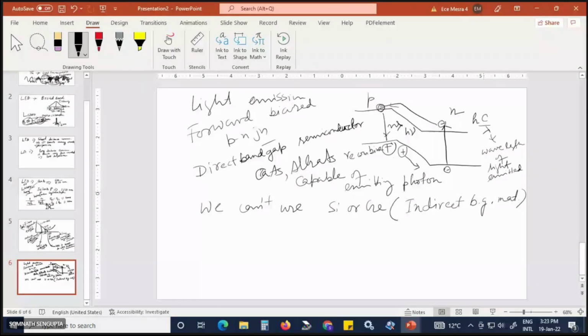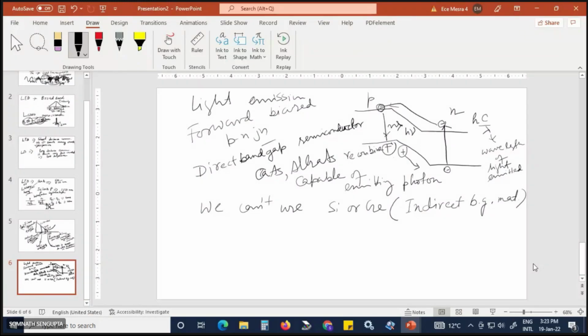Due to the recombination, they emit heat energy or phonon. Sometimes it is called vibrational energy, called phonon, not photon, phonon.